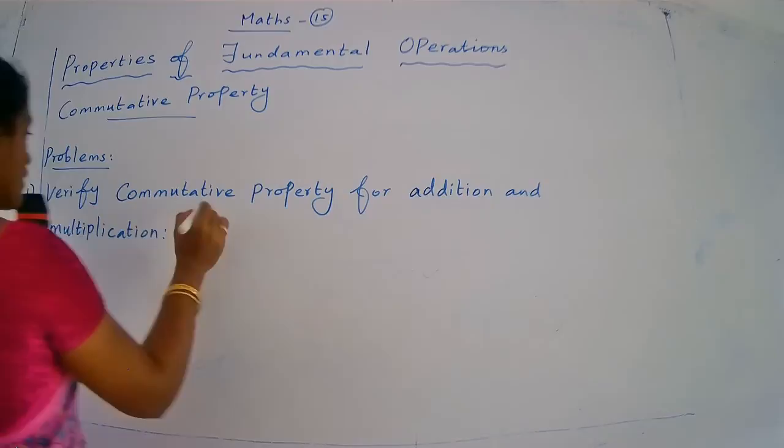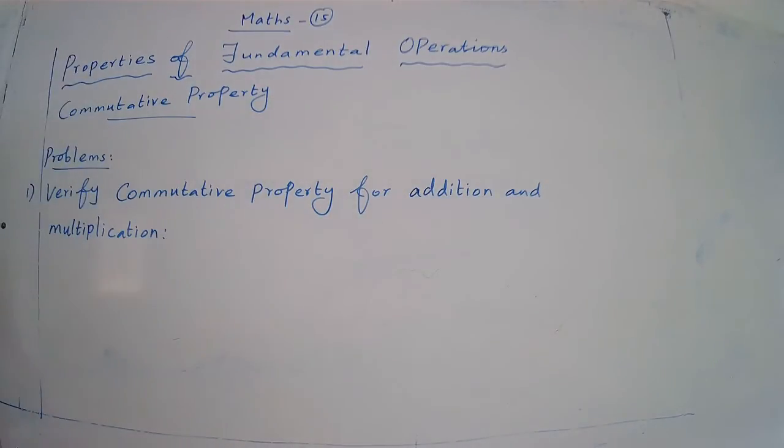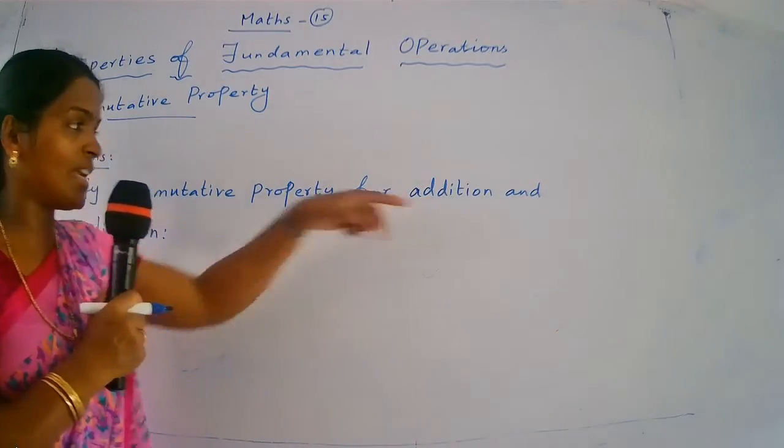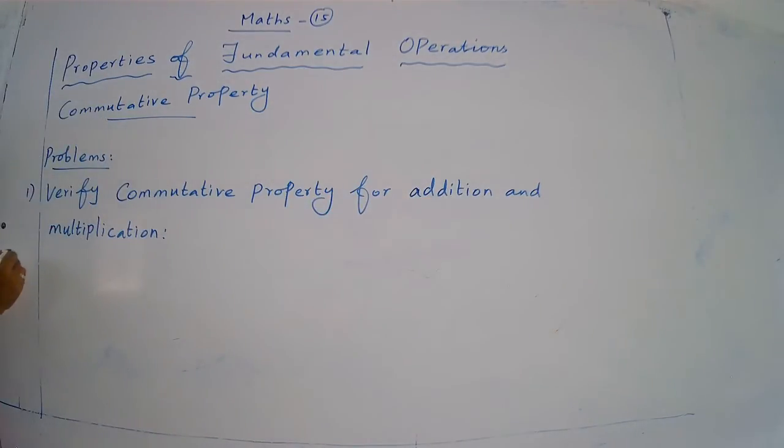So a plus b, that means 6 plus 5. What is the answer? 6 plus 5, 11. Now you change the order, that means 5 plus 6. Again 5 plus 6 also your answer is 11. These answers both are same. Yes children, therefore commutative property is true for addition. So hence verified.